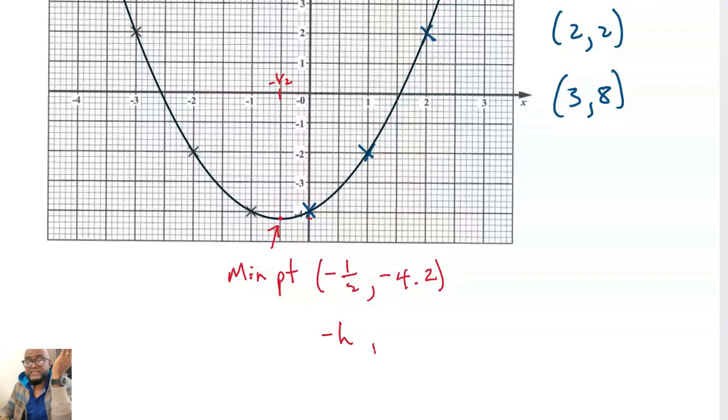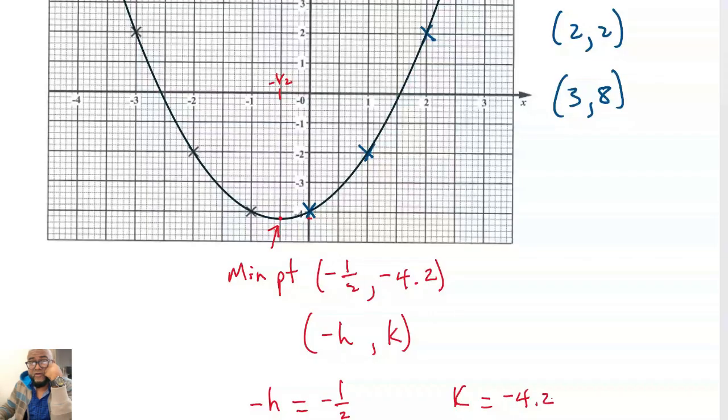So if I say negative h, comma, k, this simply means that k is equal to negative 4.2. So it's like negative h is equal to negative a half. If you're looking for the value of h, it will be positive a half. K is negative 4.2.